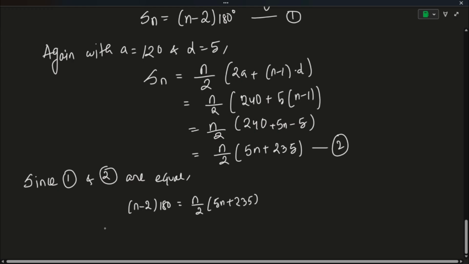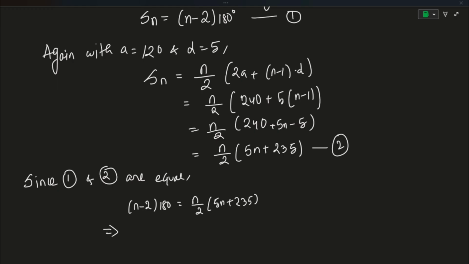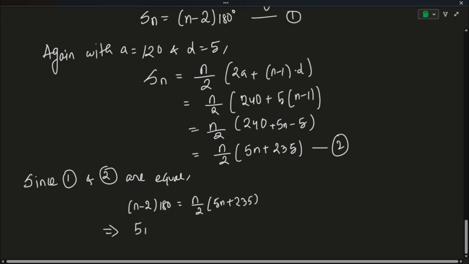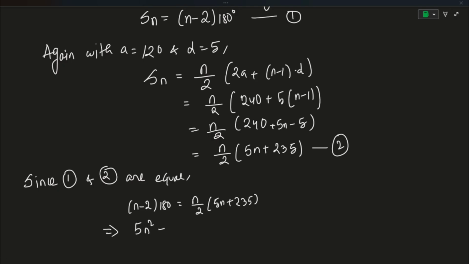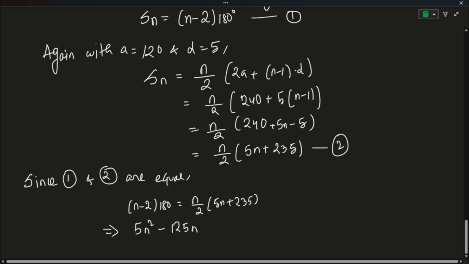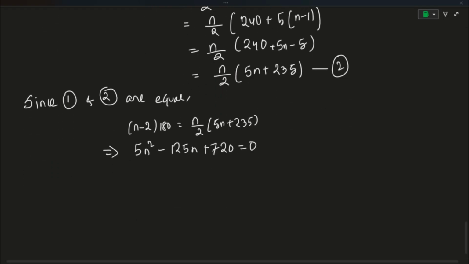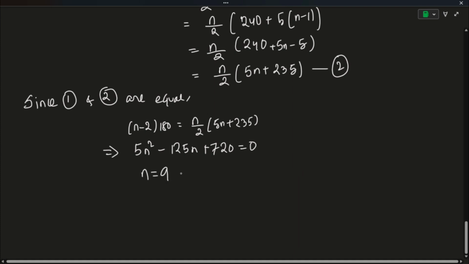If you simplify this quadratic completely by multiplying and then subtracting, you will get 5n square minus 125n plus 720 equals 0. Now this quadratic can be solved easily, and you will get two values of n, which are n equals 9 and n equals 16.